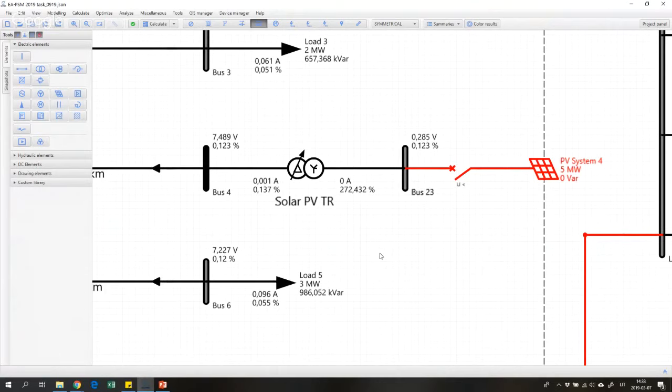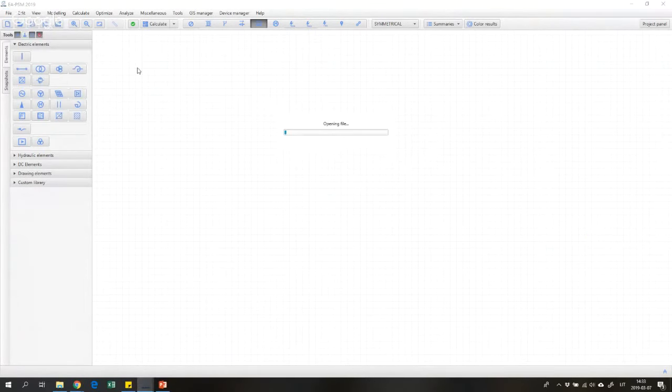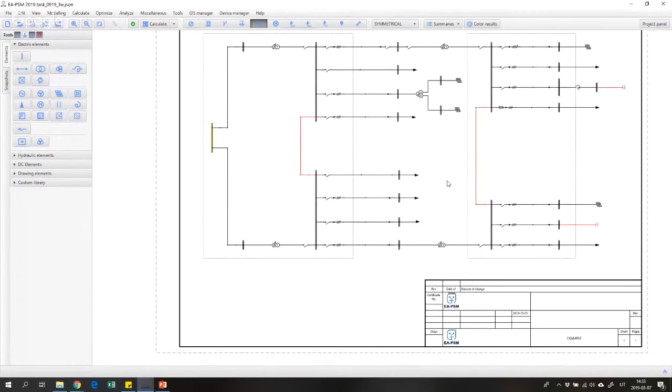By changing the phase angles of separate harmonics, we can mitigate the total harmonic distortion. I think I have an example of this three winding transformer prepared. It's the same network, just with a three winding transformer which divides the solar power plant into two parts.